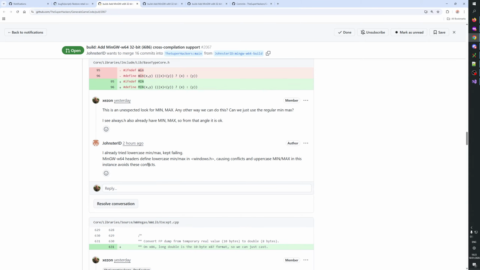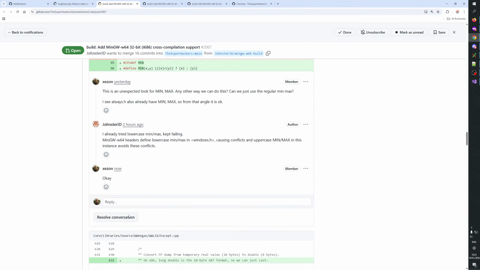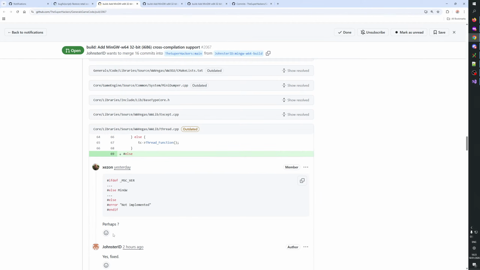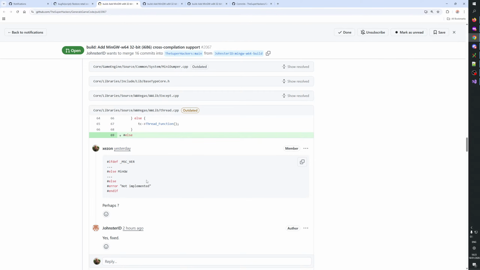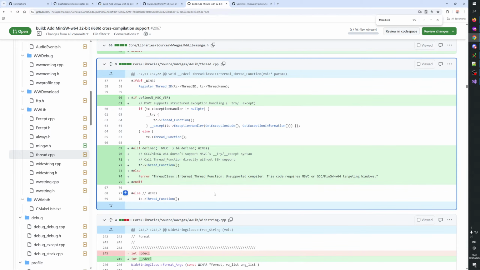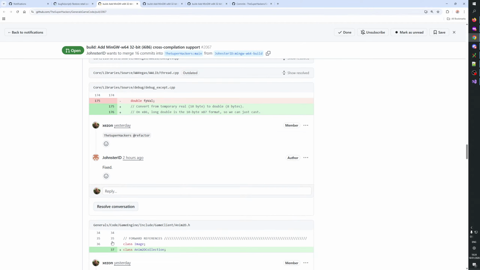Okay. Unexpected lock min max. Okay. Thread CPP. Okay. Okay, fair enough. Okay.